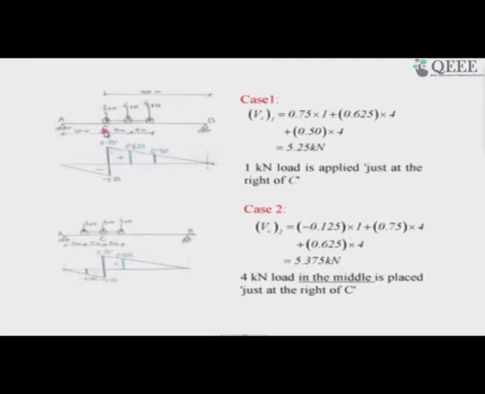That means the distance between the wheel loads 1 kilonewton to this 4 kilonewton is 5 meters, and 4 kilonewton to 4 kilonewton again is 5 meters. These distances are not changed by addition of a delta distance, which this 1 kilonewton load is away from C. We compute using the 0 distance from C for the 1 kilonewton load, but acknowledging that it is not at 0 distance, it is a very small distance.